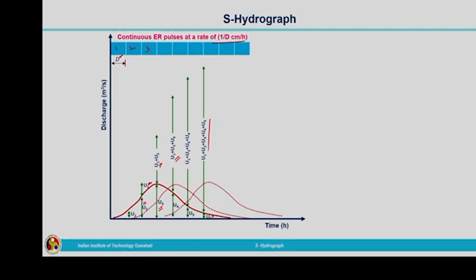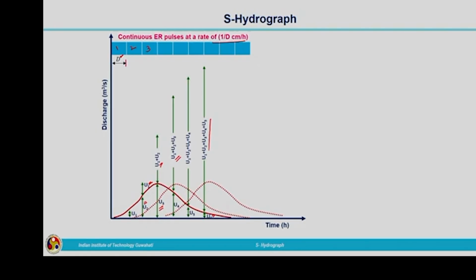Once it reaches the time base of the first unit hydrograph, the S-Hydrograph will be attaining equilibrium discharge. After that, there will not be any change in the discharge value or the ordinate value of the S-Hydrograph. You can understand by physically looking into it.